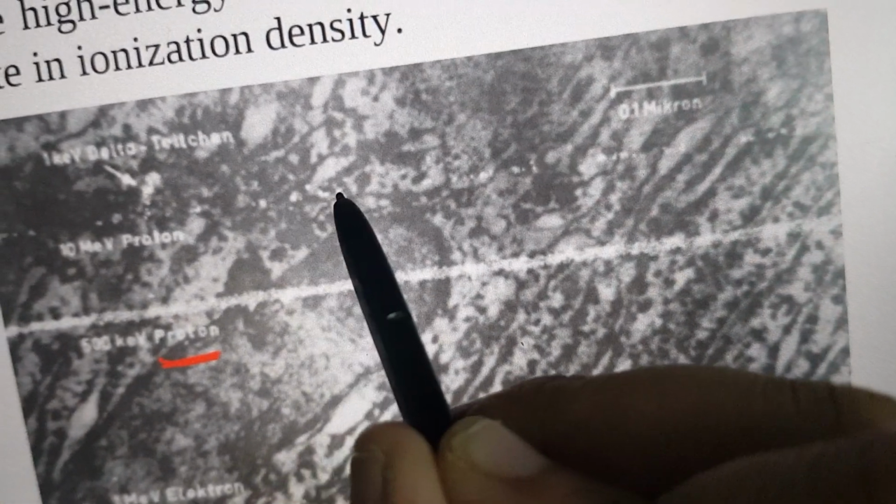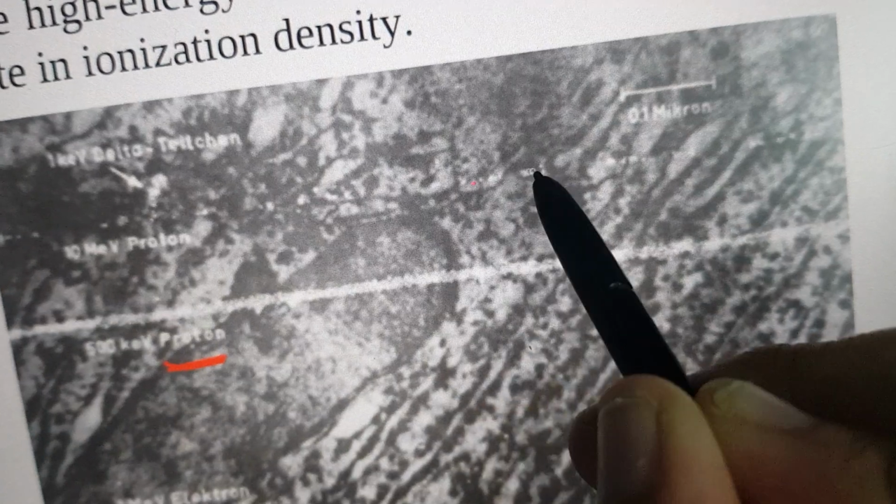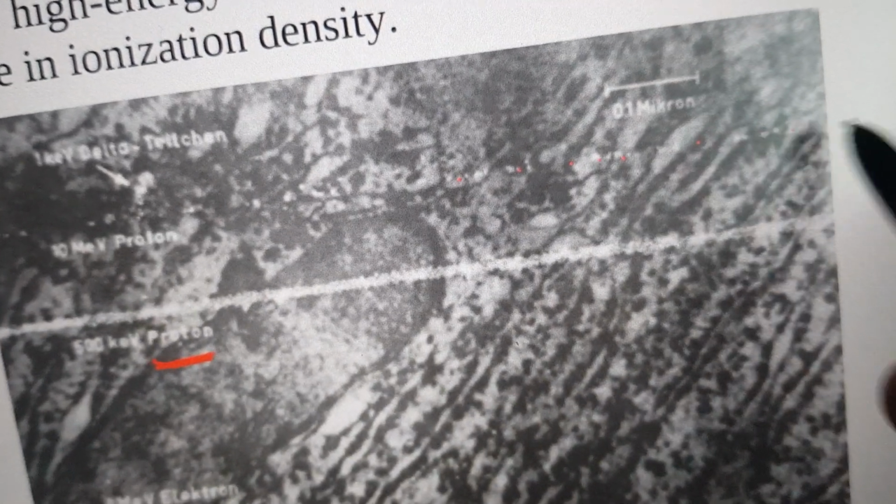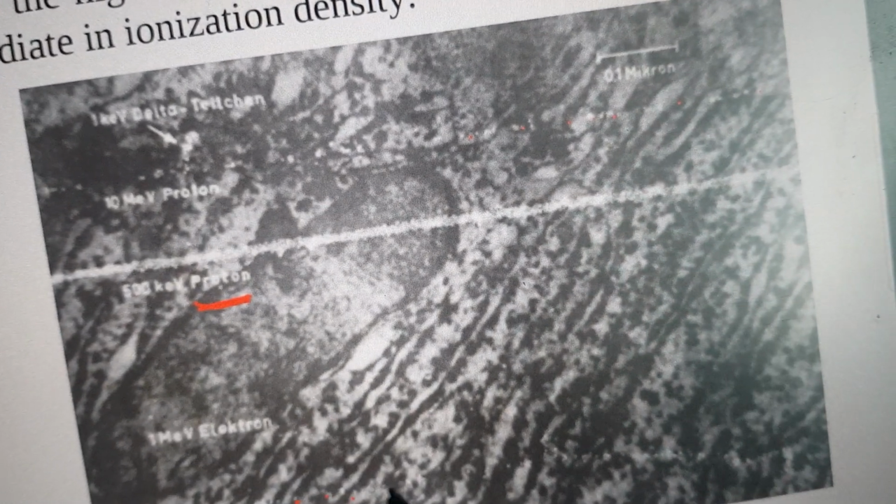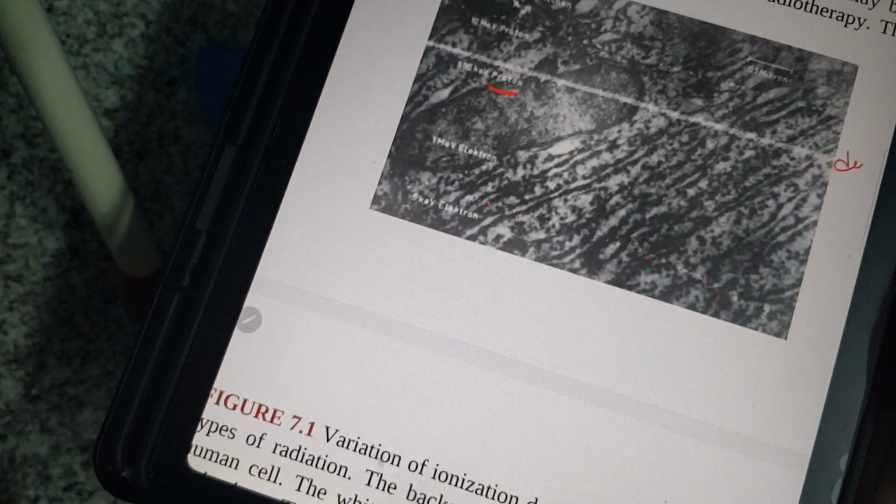And you can see faint lines or faint white dots over here. There is a lot of distance between each of those. So these are sparsely ionizing, and this is densely ionizing. That's the example, seen on the electron microscope.